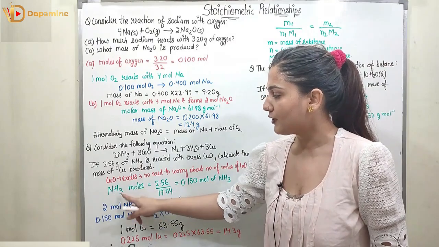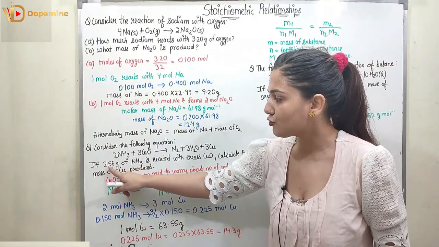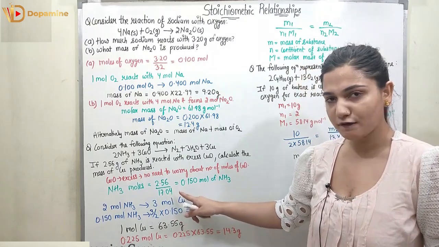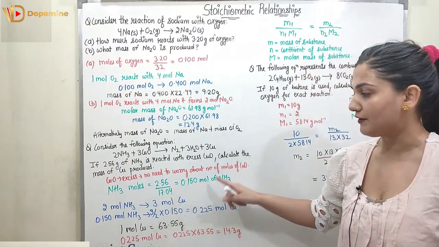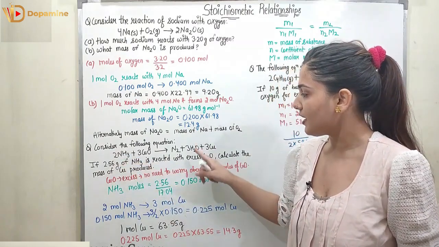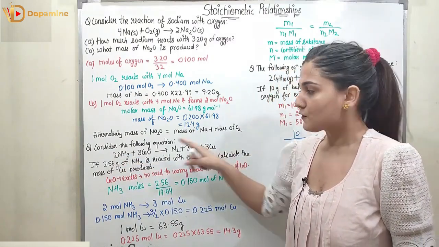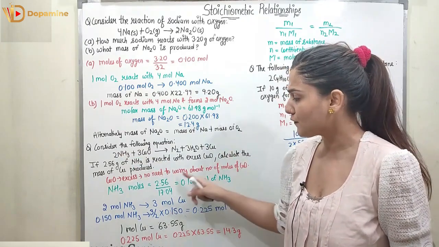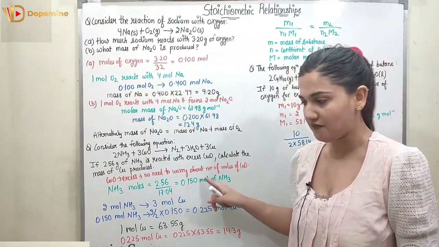Now we will find out the number of moles of NH3. Given mass is 2.56, we will divide it by the molar mass, which is 17.04 for NH3, and we get 0.15 mole. Now here you can see 2 mole of NH3 is going to give 3 mole of Cu. So if I have 2 mole of NH3, 3 moles of Cu are produced. How many moles of NH3 are there? Actually it is 0.15.